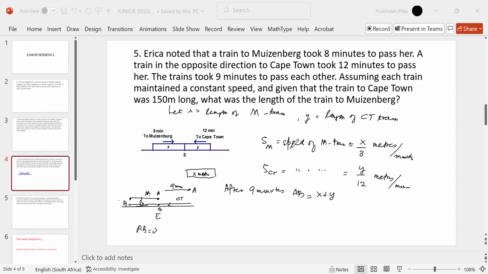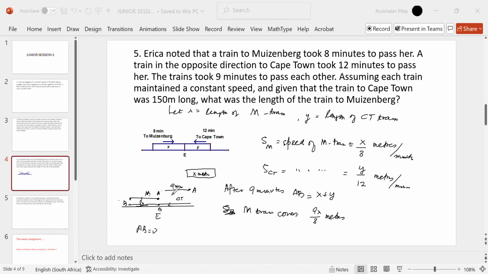But remember, the speed of the M train, the Muizenberg train, is x over 8 meters per minute. In 1 minute it travels x over 8 meters. So therefore, in 9 minutes it would have covered 9x over 8 meters.